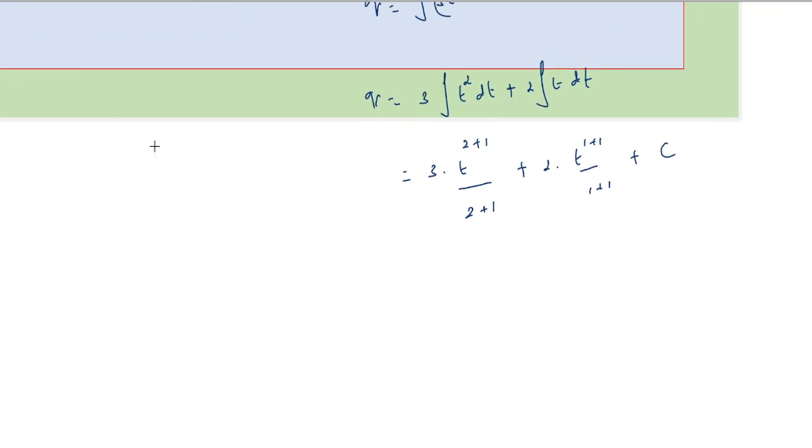Now 2 plus 1 is 3. So this 3 and this get cancelled, and also this 2 gets cancelled. Therefore what remains here is the charge is equal to t cube plus t square plus c.